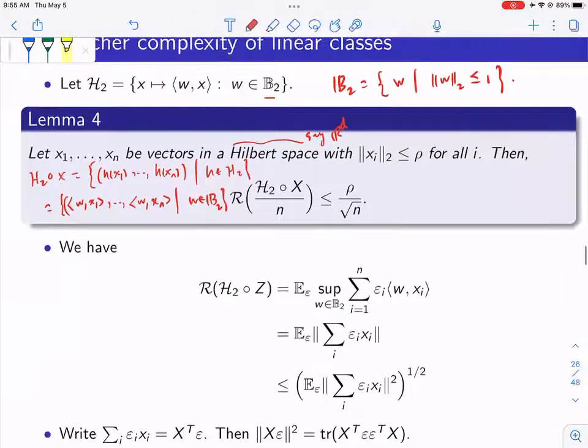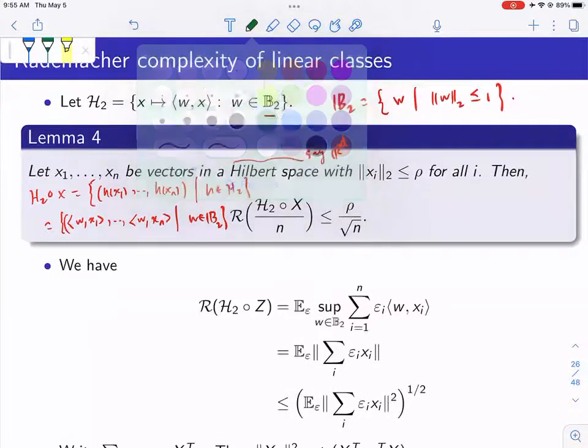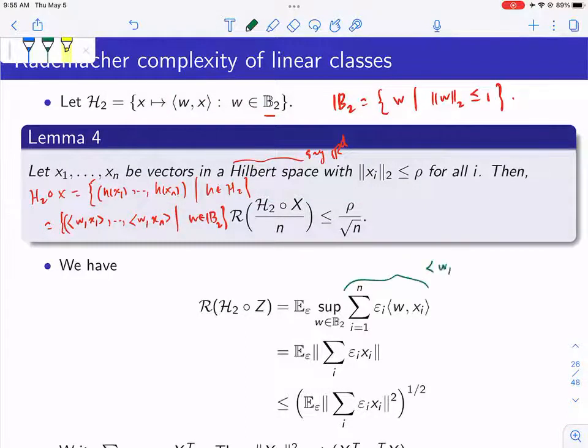Basically I can write it as W times the summation of epsilon i xi, and we are maximizing over B2. This gives me the dual norm of L2, which is just L2 again, right? Another way of saying it is that this is the usual Cauchy-Schwarz.